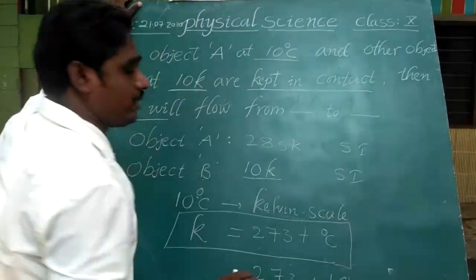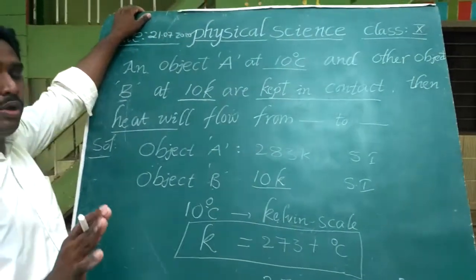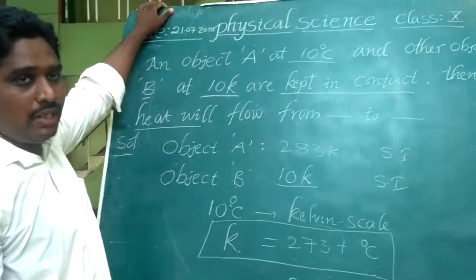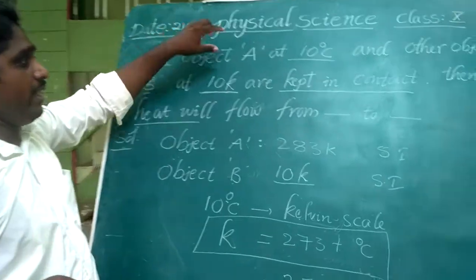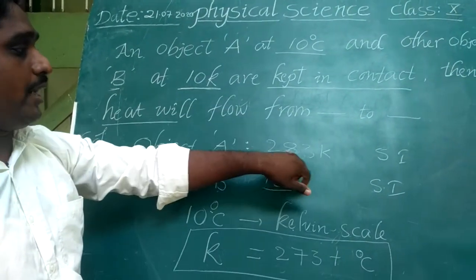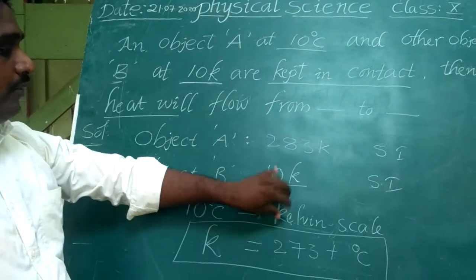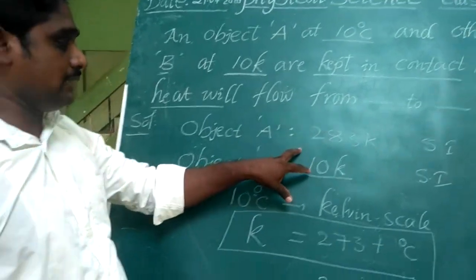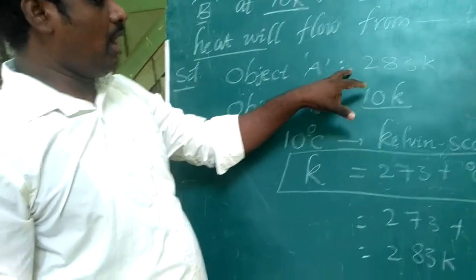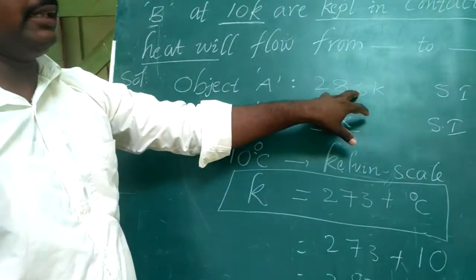And here we solve this problem. Both units are expressed in a common system, either SI or CGS. The given 10 degrees Celsius is converted to 283 Kelvin. Now we compare the two temperatures of object A and object B. The temperature of object A is 283 Kelvin.